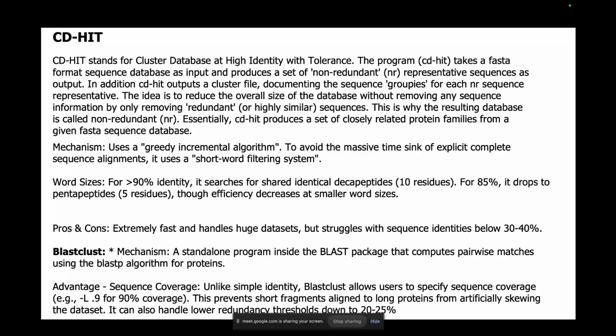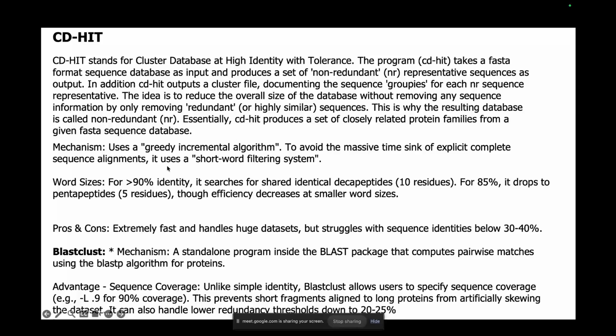Because it is telling you, from a set of sequences, what the non-redundant representative sequences are. For that you need to calculate similarity and distances between those sequences, right? The idea is to reduce the overall size of the database without removing any sequence information, by removing only redundant or highly similar sequences. The resultant database will be non-redundant and so on and so forth.